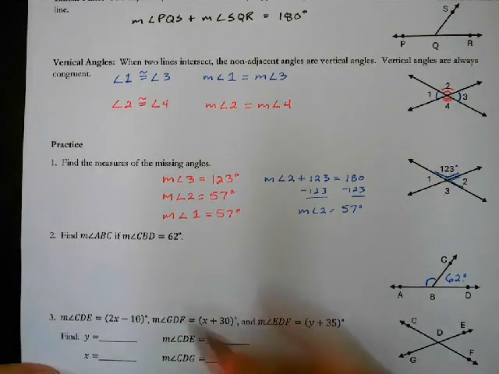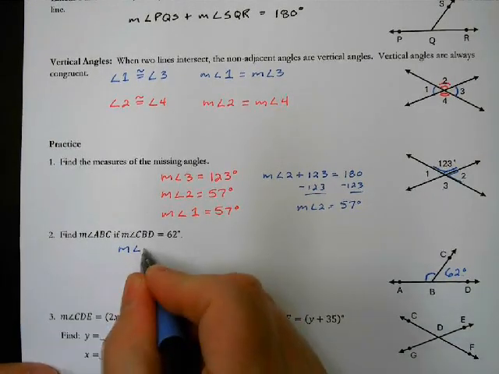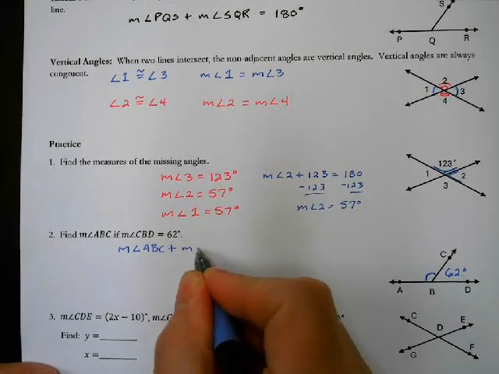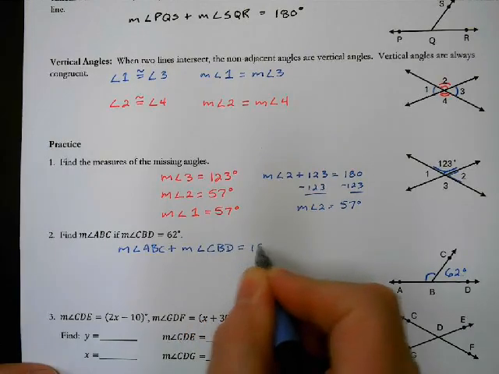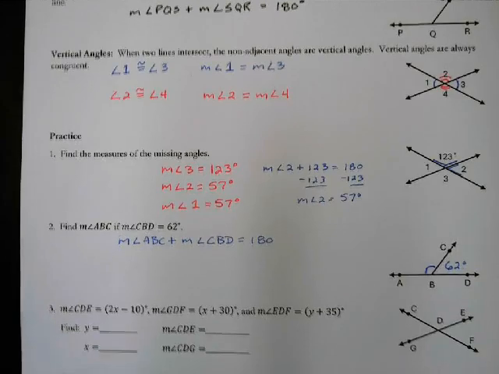So I know that the measurement of angle ABC plus the measurement of angle CBD is 180 degrees because they're linear pairs, so they have to add up to 180, supplementary angles.